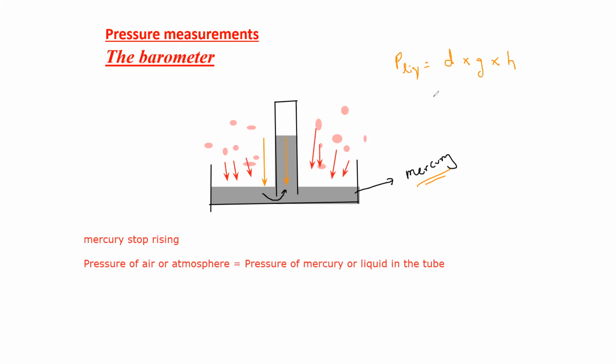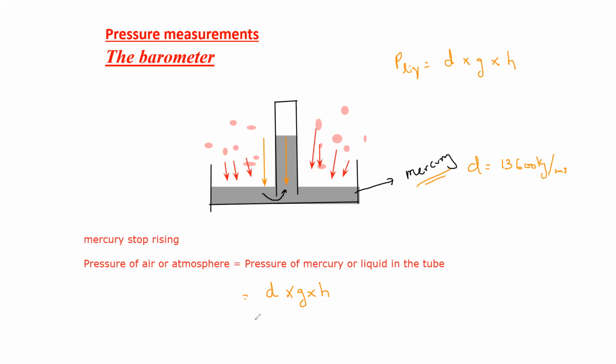For example, the density of mercury is fixed, which is 13,600 kilograms per meter cubed. So the pressure of the atmosphere matches the pressure of the mercury, which is density multiplied by gravity multiplied by height. So we can find atmospheric pressure by density times gravity times height.